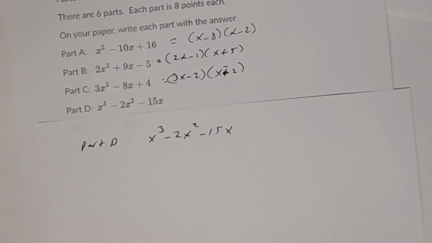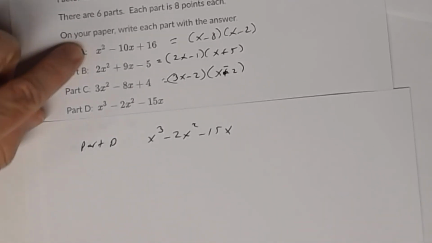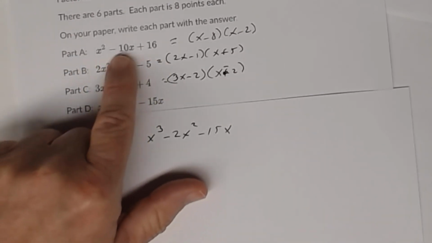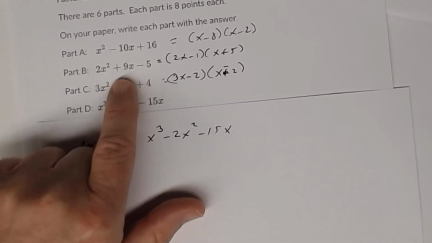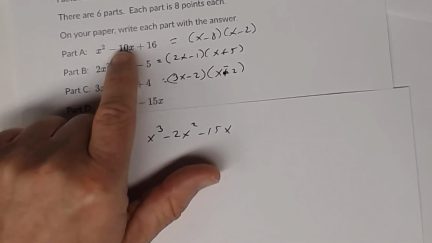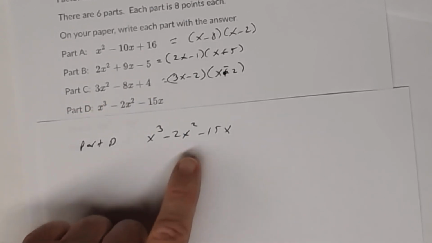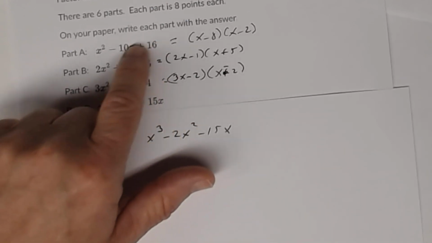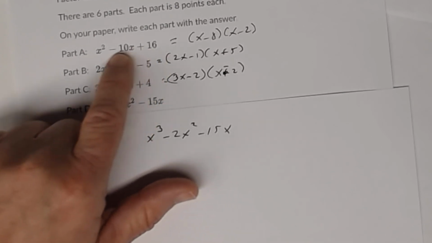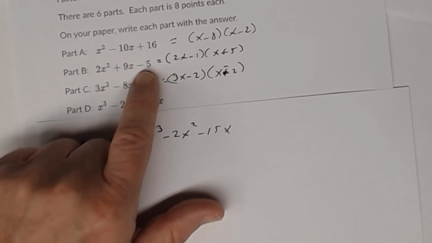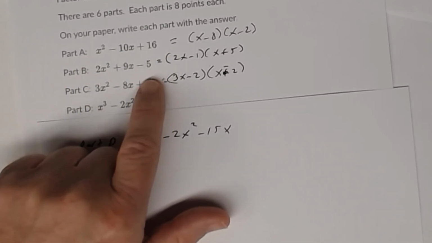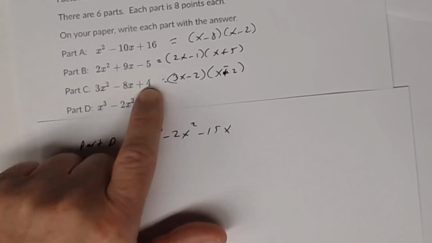Now, first thing you have to do, remember, and we didn't have to do it in all the others, because if you look at all the other parts, part A, part B, part C, the greatest common factor of every term is 1.